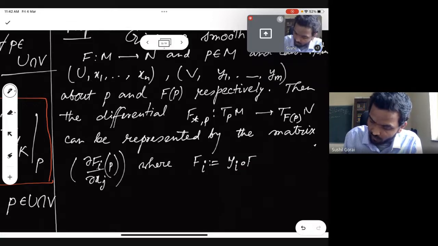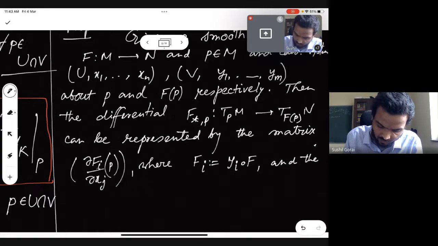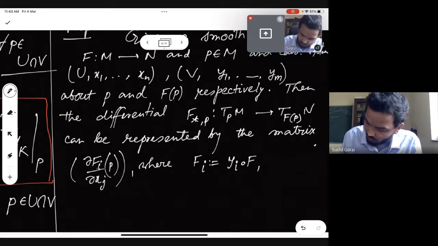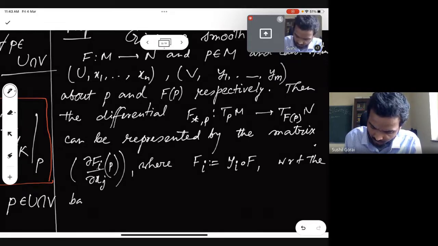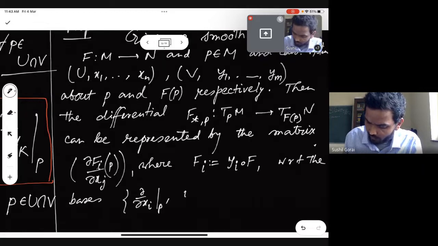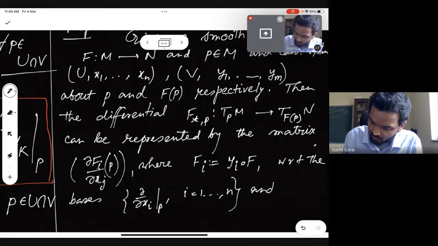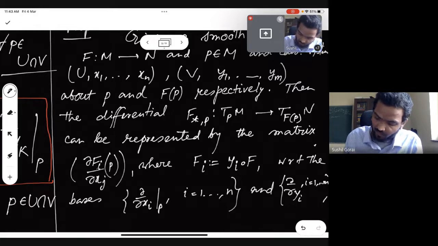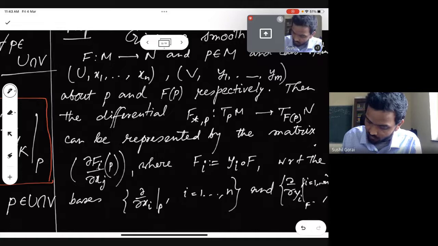It is represented with respect to the basis del by del x_i at P, i from 1 to n, and del by del y_i, i from 1 to m, at F(P).